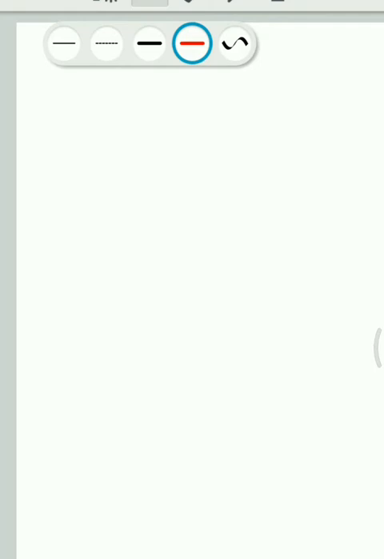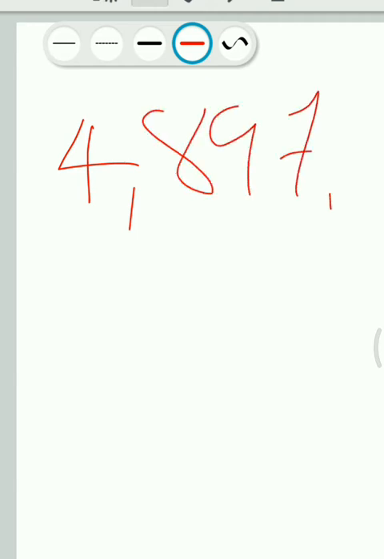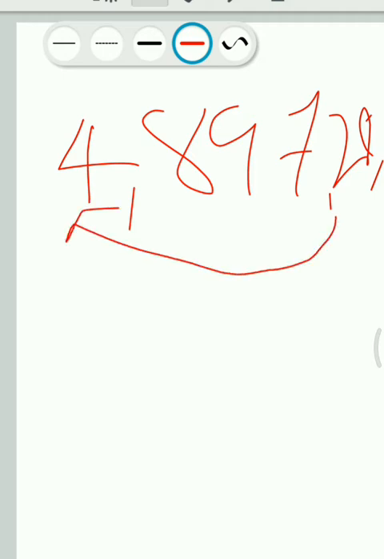Next one is what, student? 4, 897 and 25. Here you look at this question: if you multiply 4 with 25, you get 100.